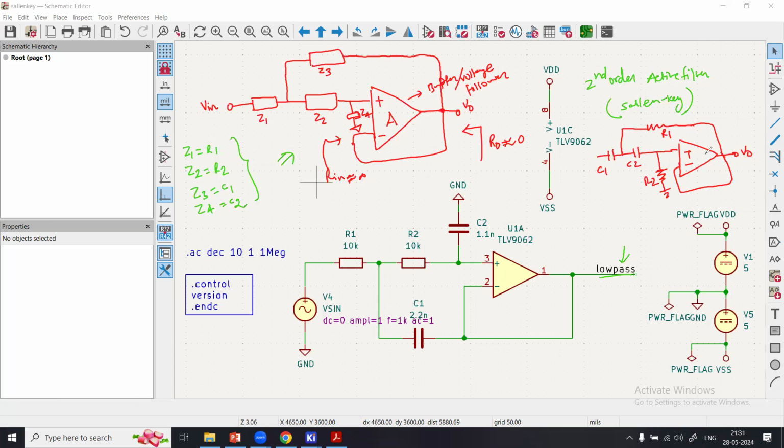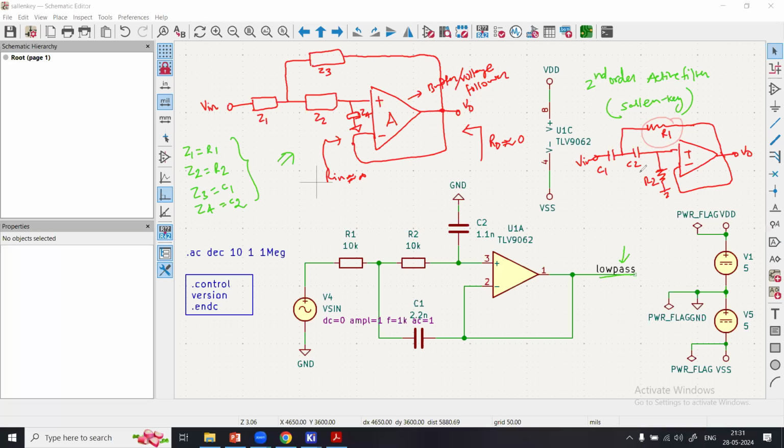And then this configuration is the same. And here is my input. So you see that if you compare, the resistor here has been replaced with the capacitor. Resistor here has been replaced with the capacitor. Capacitor here has been replaced with the resistor. And the feedback capacitor here has been replaced with the resistor again.